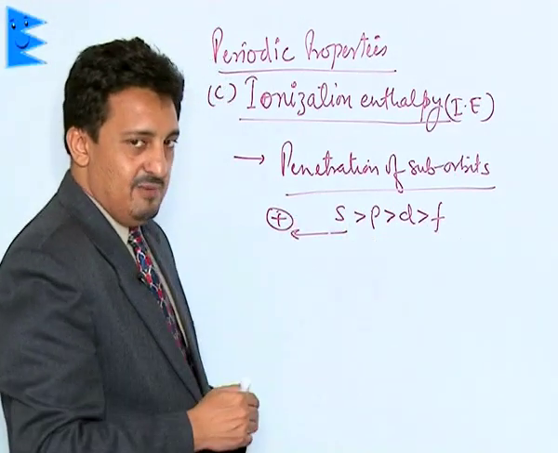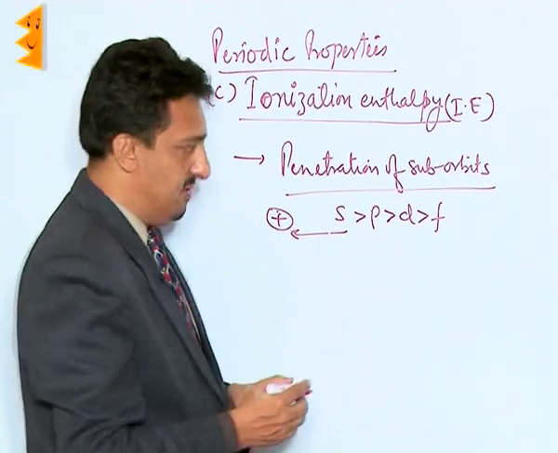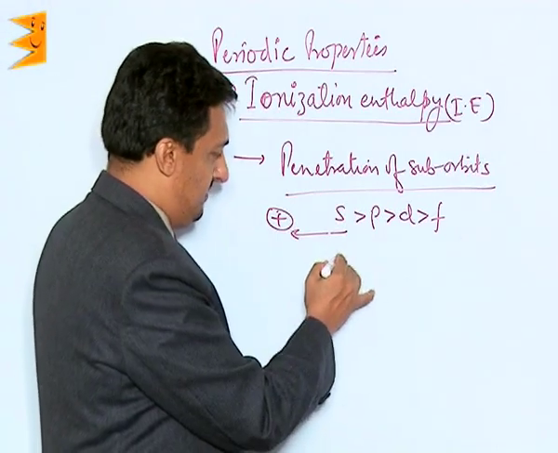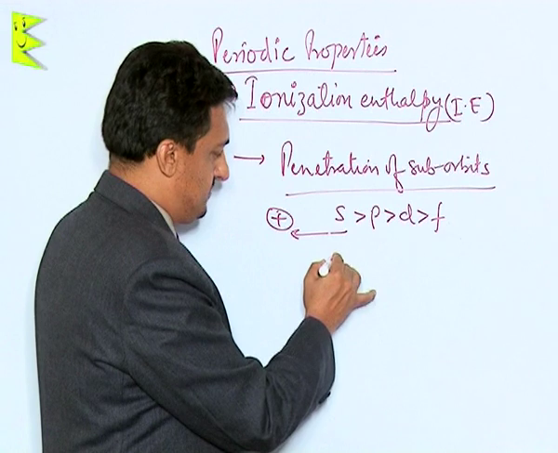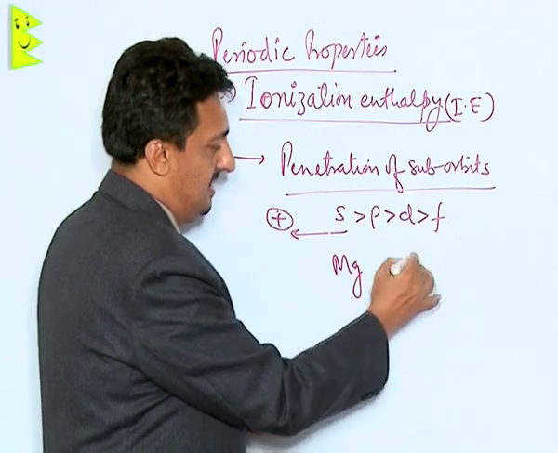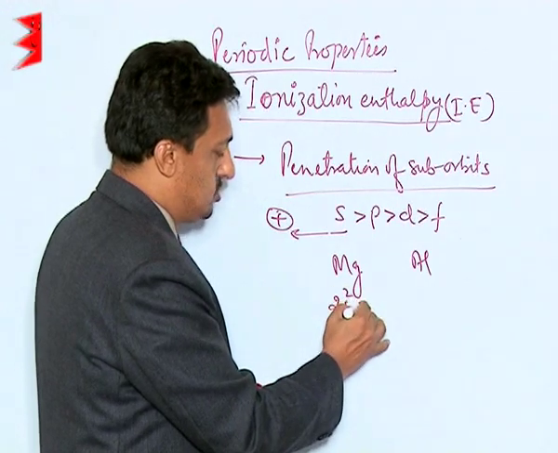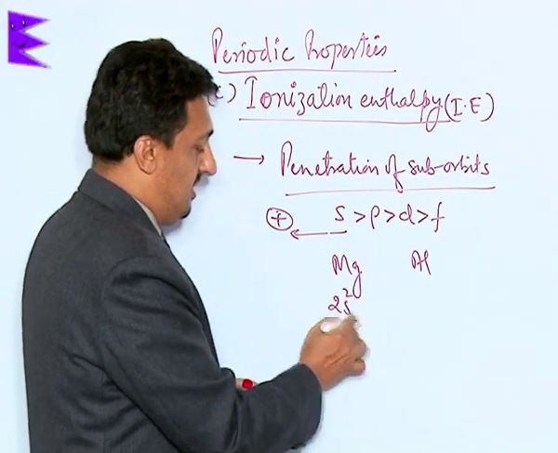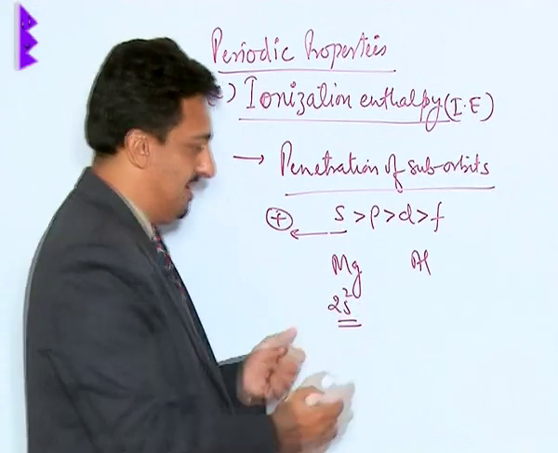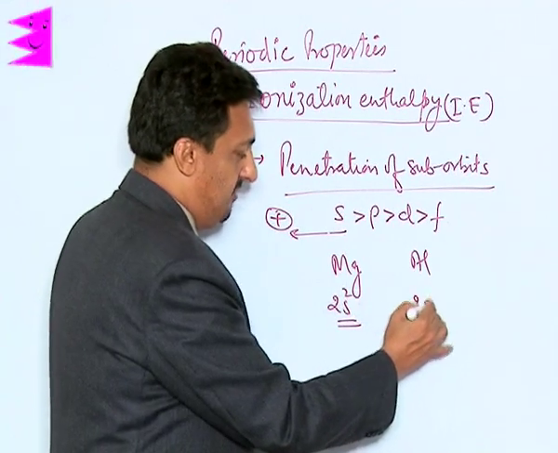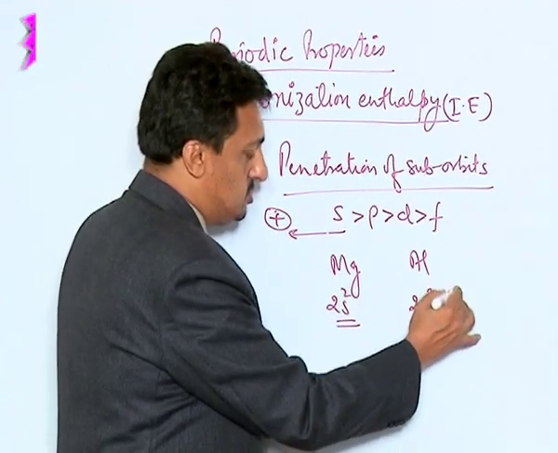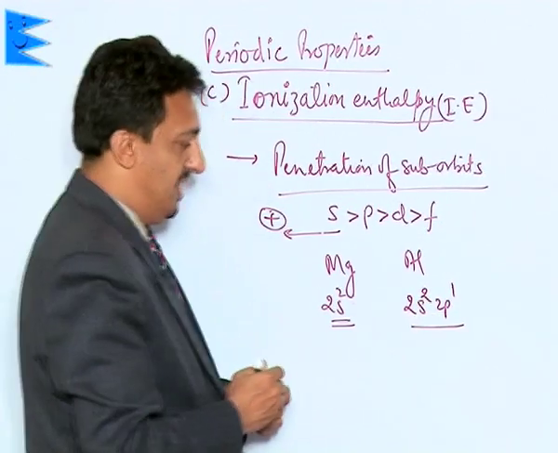The best example to explain this is between magnesium and aluminium. In case of magnesium, we have the configuration 3s2 only, so it's almost completely filled. Then we have aluminium, 3s2 3p1.